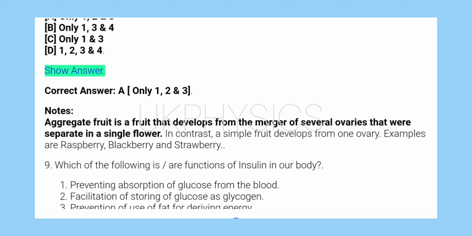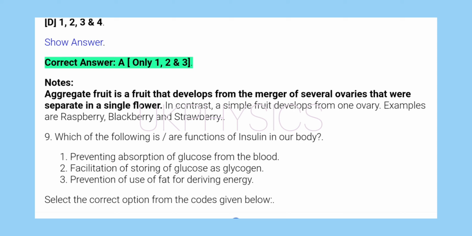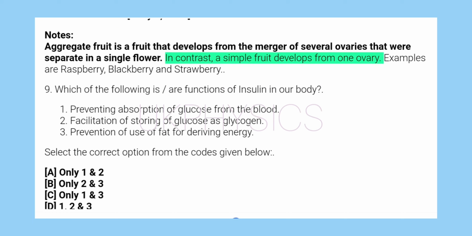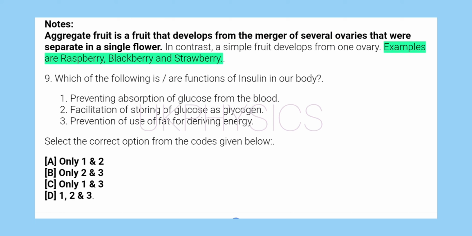Show answer. Correct answer, A. Only 1, 2 and 3. Notes: aggregate fruit is a fruit that develops from the merger of several ovaries that were separate in a single flower. In contrast, a simple fruit develops from one ovary. Examples are raspberry, blackberry and strawberry.